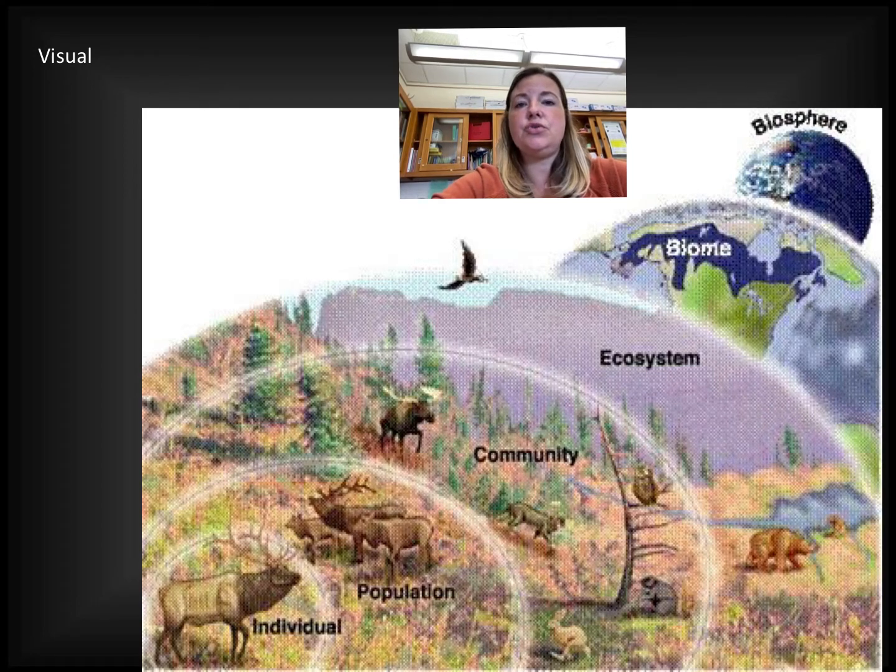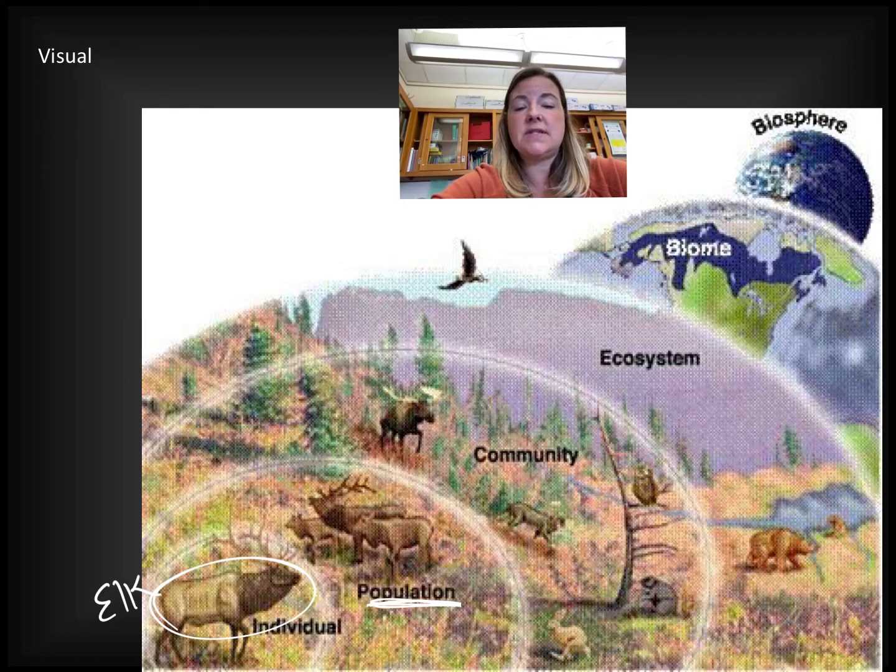I have an individual elk here, and then I have a population of those elk, which means that they can breed and create fertile offspring. Within the entire community for this ecosystem, I have multiple different species. I have a beaver as well as an owl and the elk, and then also don't forget about the living plants, such as the trees and the grass.